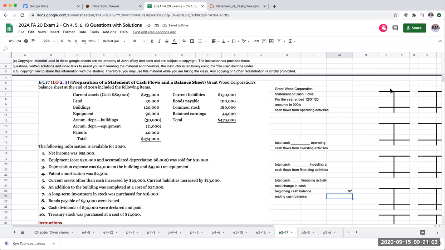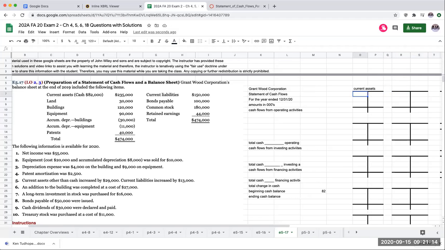That means in terms of current assets, my total current assets were 235, but as I'm going to be looking at cash separately when I'm doing the statement of cash flows, this will have a beginning balance of 153. So what I'm doing first is that these are only the beginning balances. Let's put in the beginning balances first.